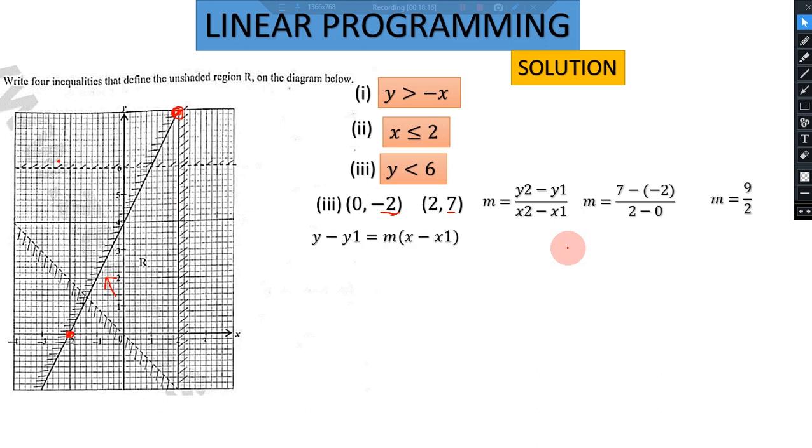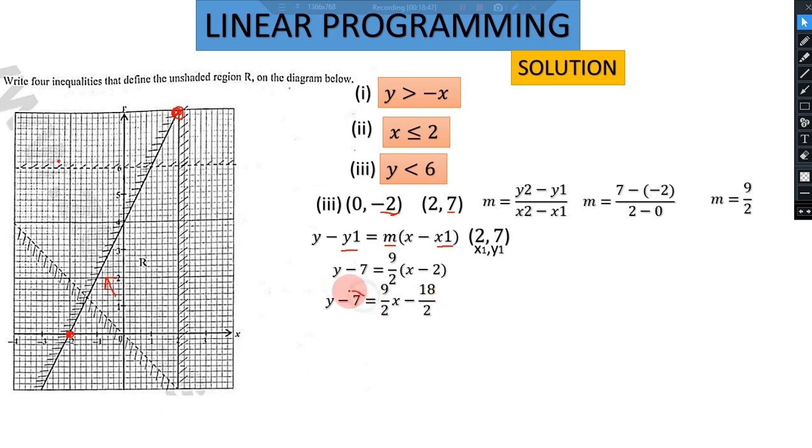Next step, pick a point from there, just one. I've picked (2, 7). Now using this equation formula, let us substitute where there is y1, where there is x1, and where there is the gradient. If we multiply 9/2 times x, it will give us 9/2 x. If we multiply 9/2 times -2, it will give us -18/2.